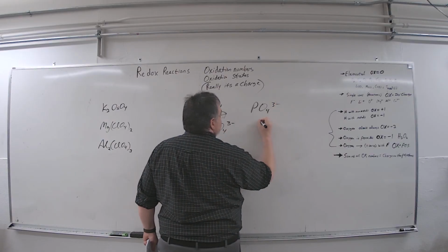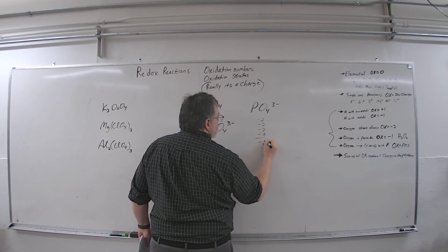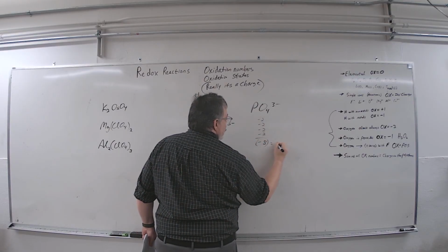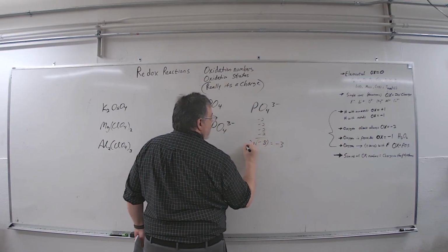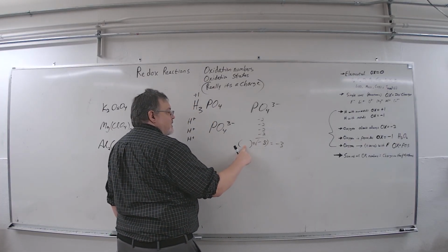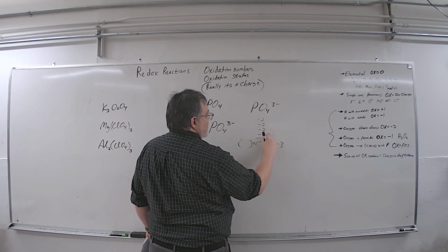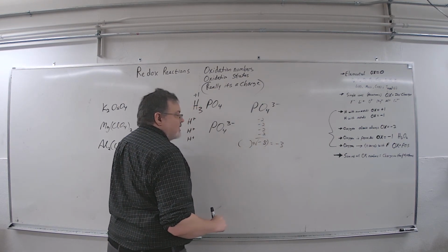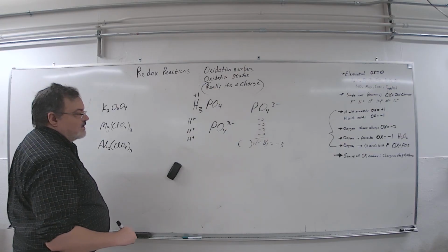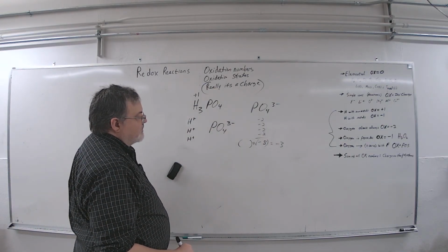PO4, 3 minus, -2, -2, -2, -2, -8. Bring down the -3. So what does this need to be? But why is it 8? There's 4 oxygen and it's 2, 4, 6, 8. So -8. That's 5 plus.